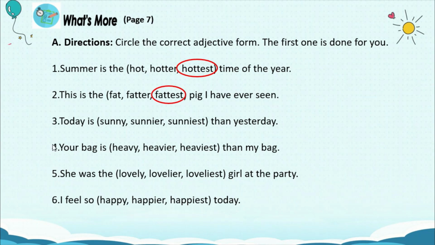Number 3, today is sunny, sunnier, sunniest than yesterday. Number 4, your bag is heavy, heavier, heaviest than my bag. Number 5, she was the lovely, lovelier, loveliest girl at the party. And the last one, I feel so happy, happier, happiest today.